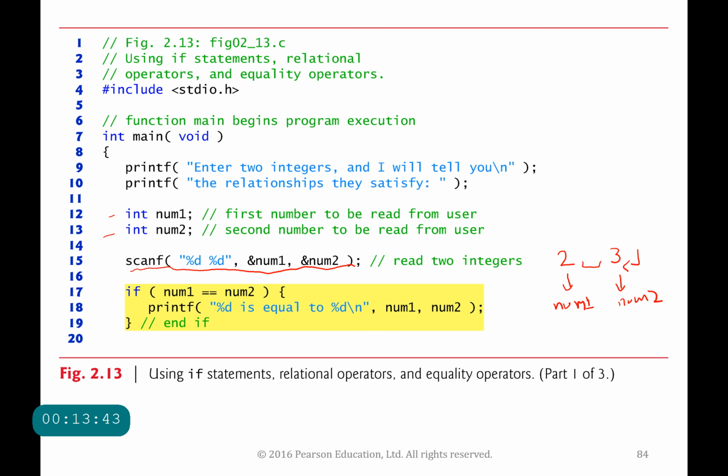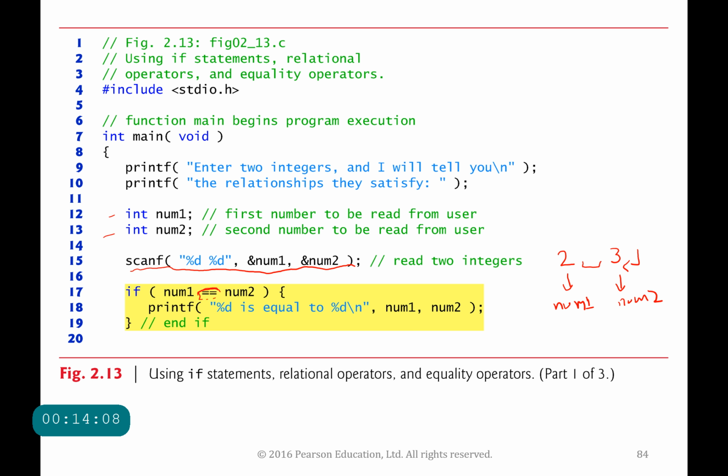And then the program first has an if statement, and this if statement checks if the two integers num1 and num2 are equal to each other. In order to check that, we're using an equality operator, which is represented by a double equal.